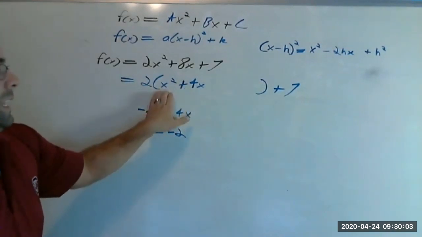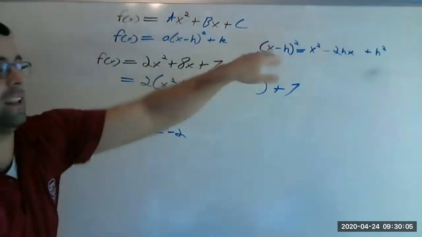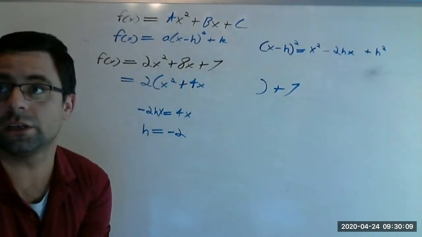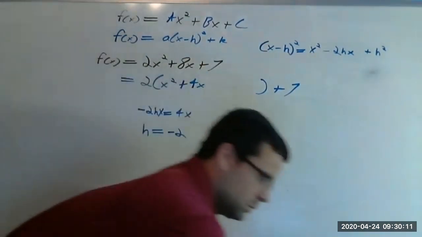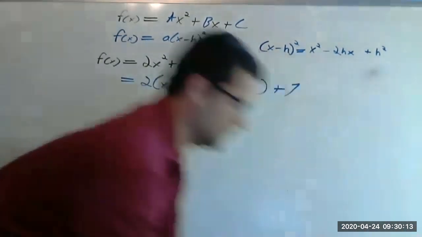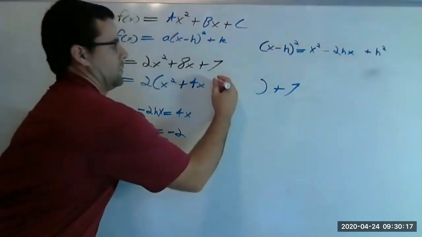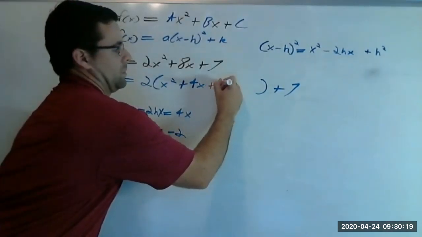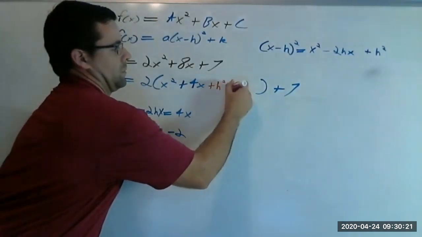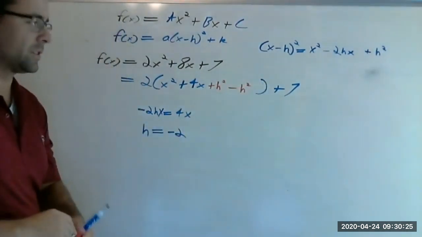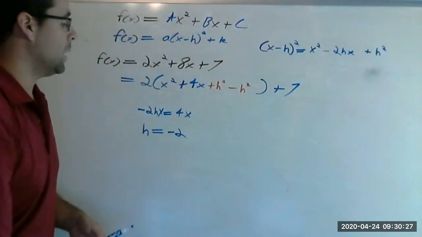So in order to make this thing fit that, we have to add h squared. And we have to subtract h squared, because that's part of the squaring thing.